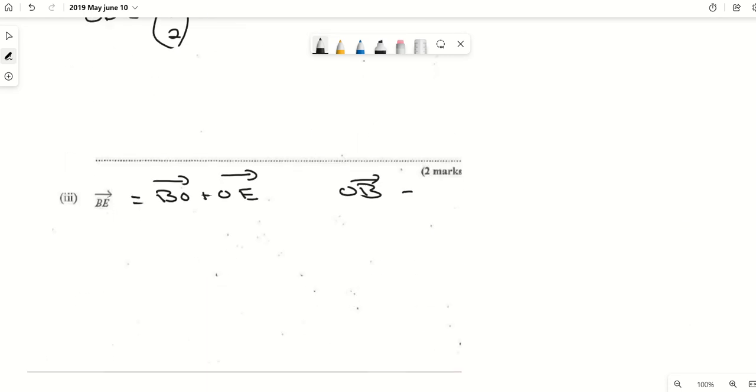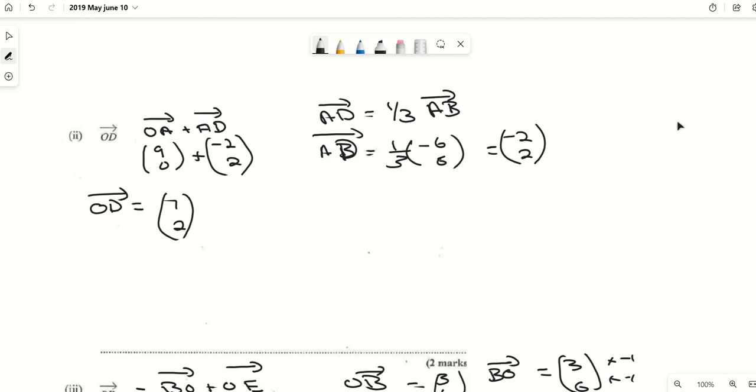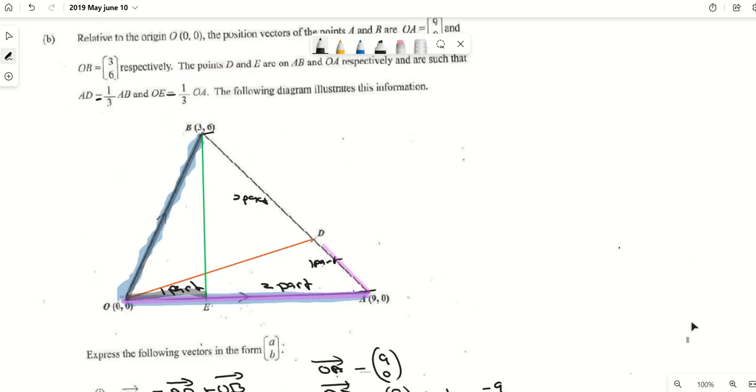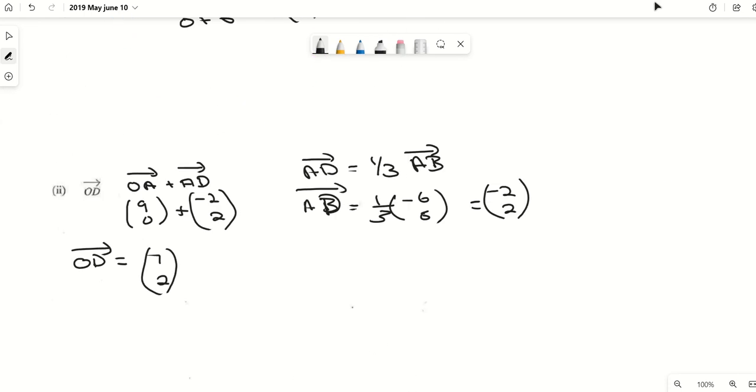So if OB is equal to (3, 6), and we want BO, which is the opposite direction of OB, this will be (3, 6) multiplied by -1. So therefore, BO will be (-3, -6), plus OE.